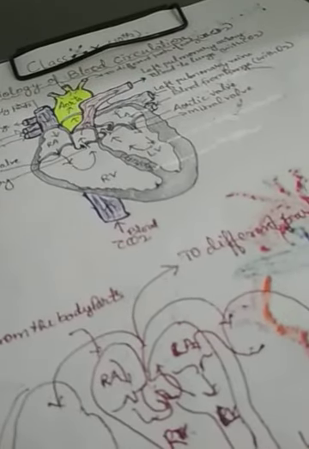So my dear students, this is the double circulation, you remember it, this is the double circulation of blood, and that is facilitated by the heart and lung.